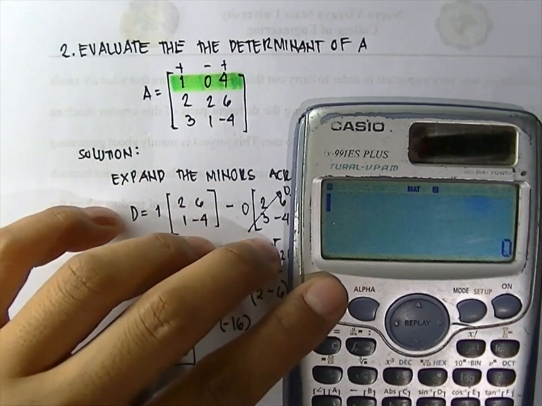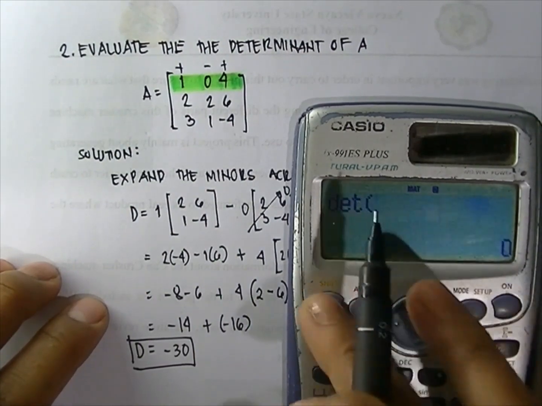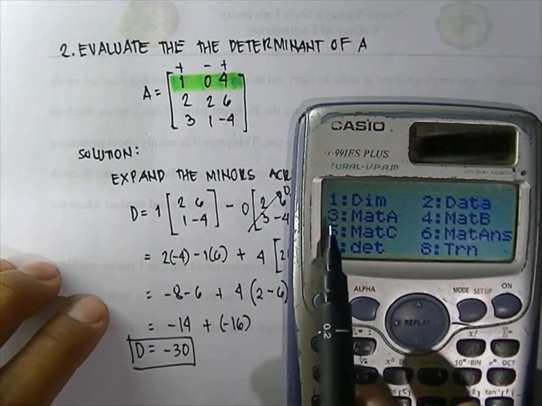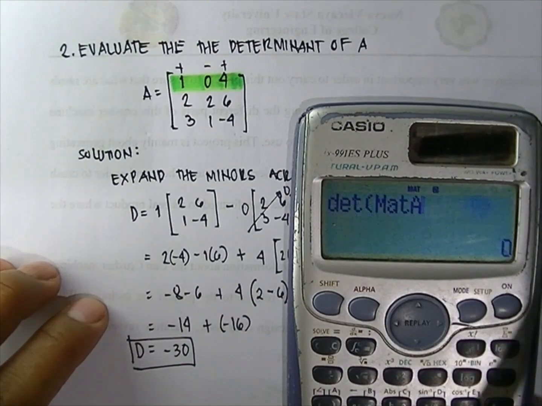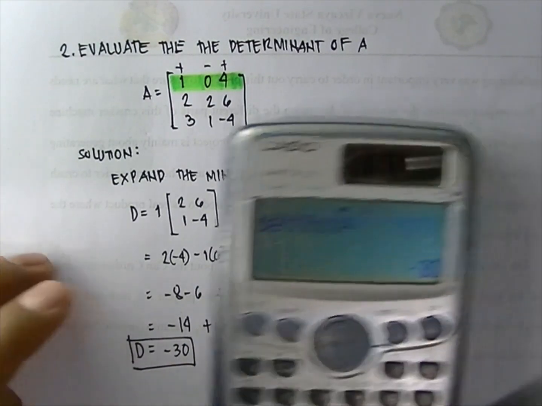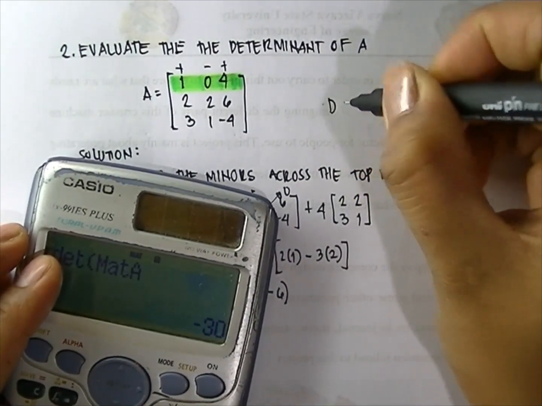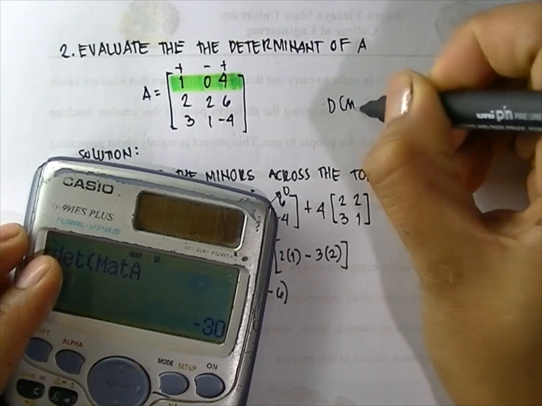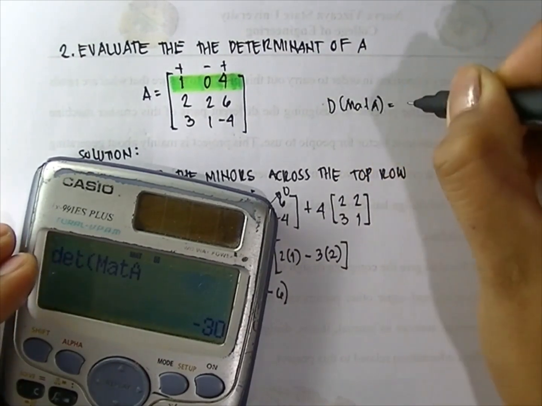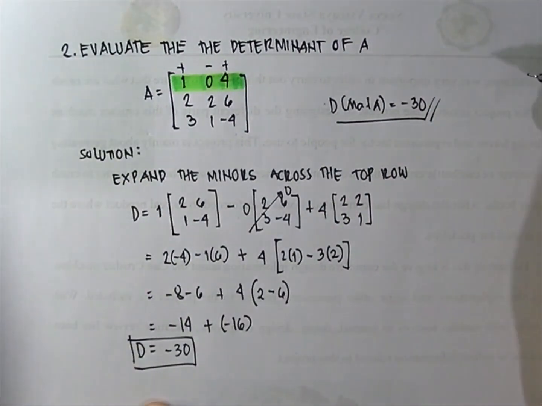AC, shift matrix, number 7, determinant, shift matrix, matrix of A. Using our calculator, the determinant of matrix A is negative 30. Same as the long method.